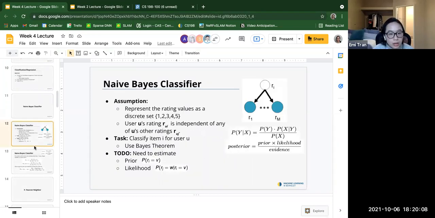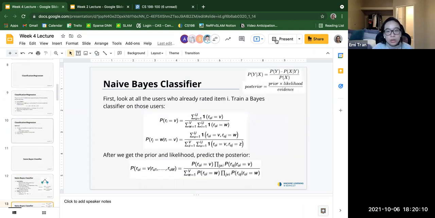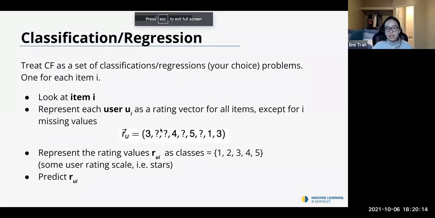So for example, this is your test set. Your test set has a lot of missing holes going on. But your training set, all of your rating vectors in the training set are complete. There's no question mark in there.